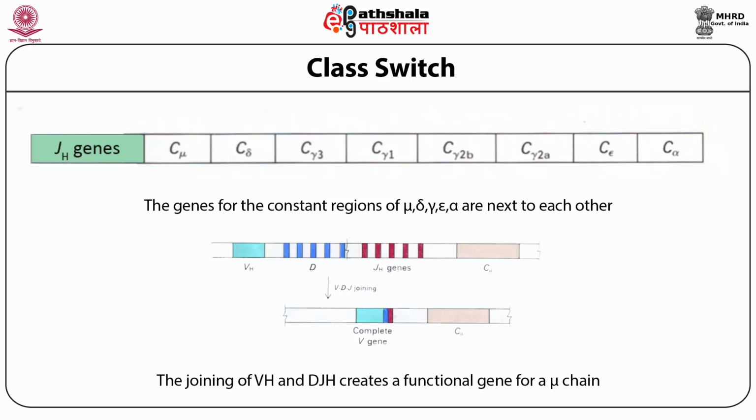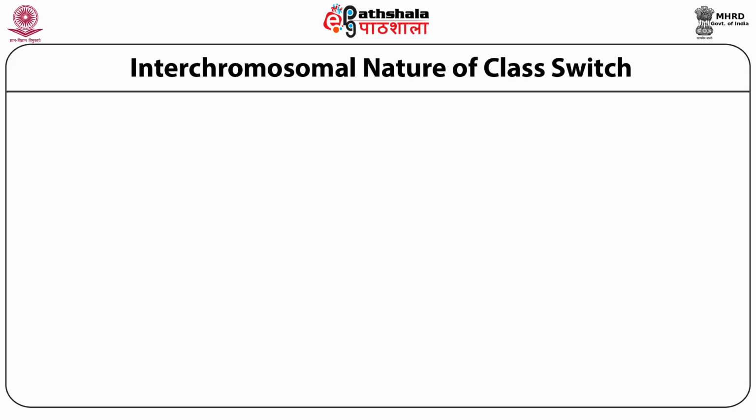It is also understandable that the VH region is not involved because during class switching, the specificity towards a particular antigen is maintained, and all the classes of antibodies which are subsequently formed have the same specificity as the initial IgM molecule. The class switch, however, takes place at the DNA level itself.